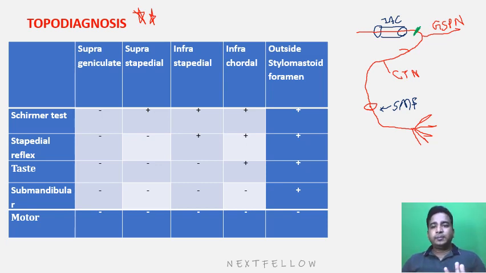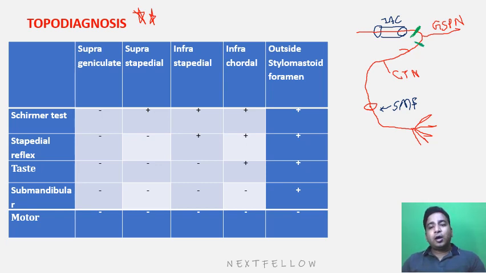So every function will be lost. Got it? Simple. The nerve before this will be normal, but all the branches are after the first genu or at the level of the first genu. So if the lesion is suprageniculate, every function of the facial nerve will be lost. Understood? Suppose my lesion is after the first genu, that is infrageniculate.